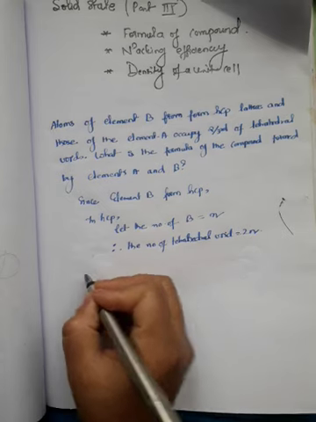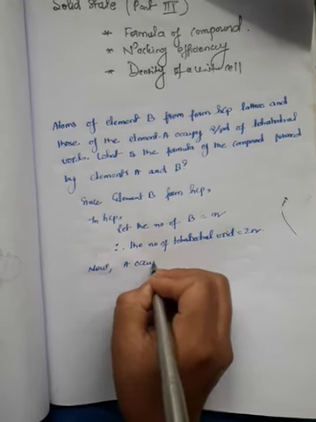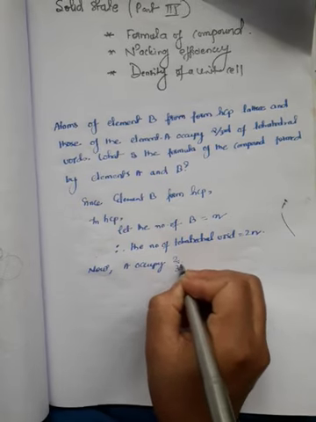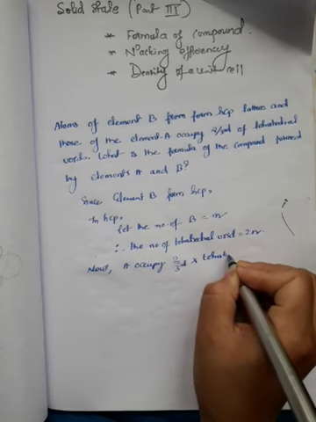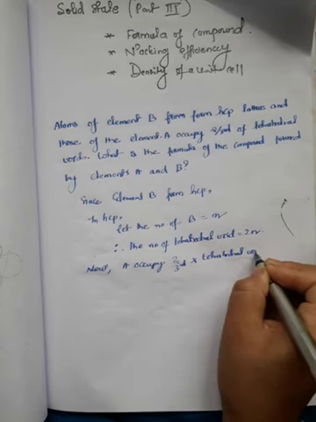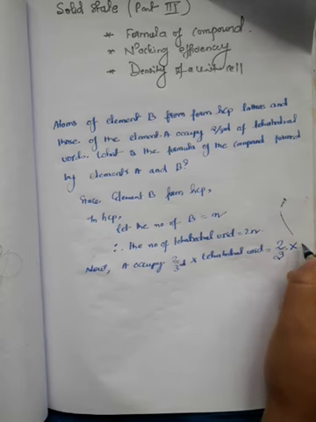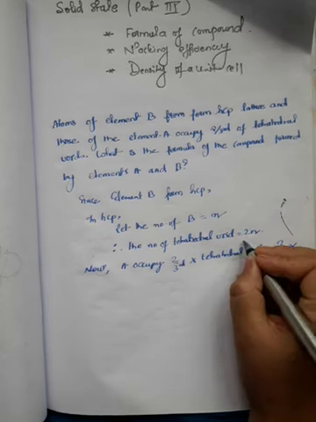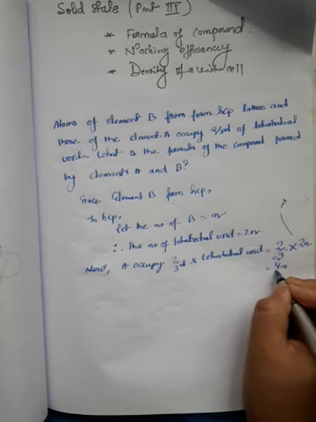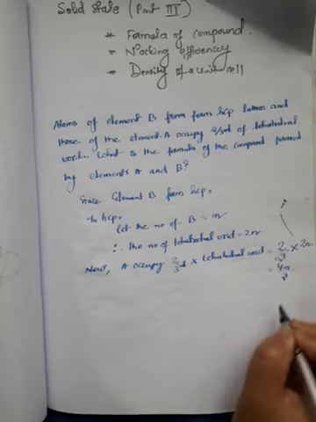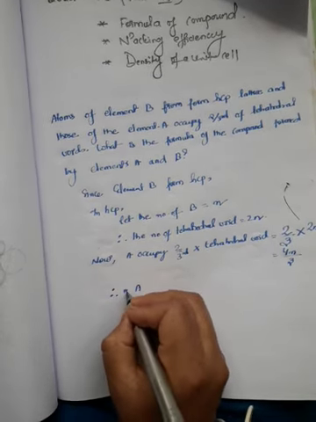Now what does the question say? A occupies 2/3 of the tetrahedral voids, which is 2n. So how many positions does it occupy? 4/3 n. Okay.